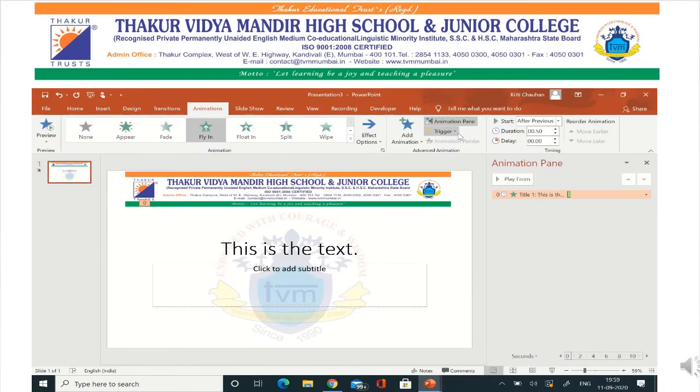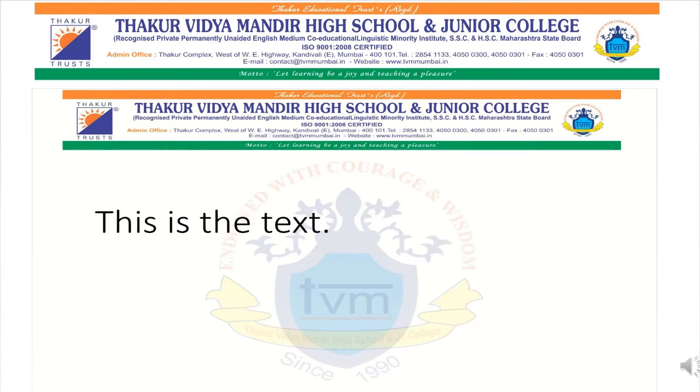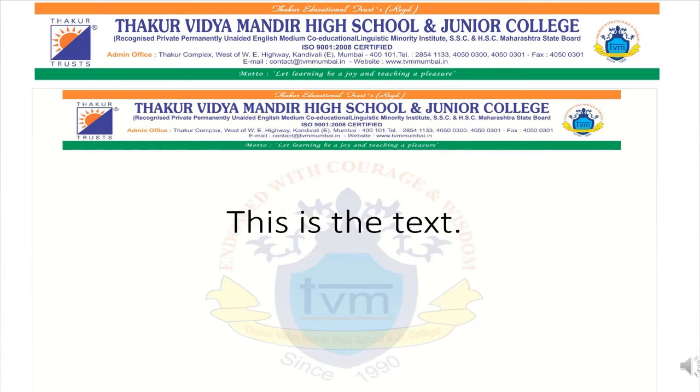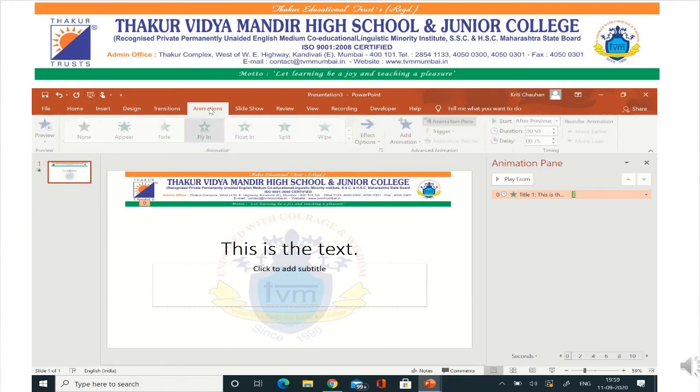If you want, you can also add a delay of a few seconds. So let's see, execution done, and then my text appears on the screen. Clear? This is called start, how your animation will start.